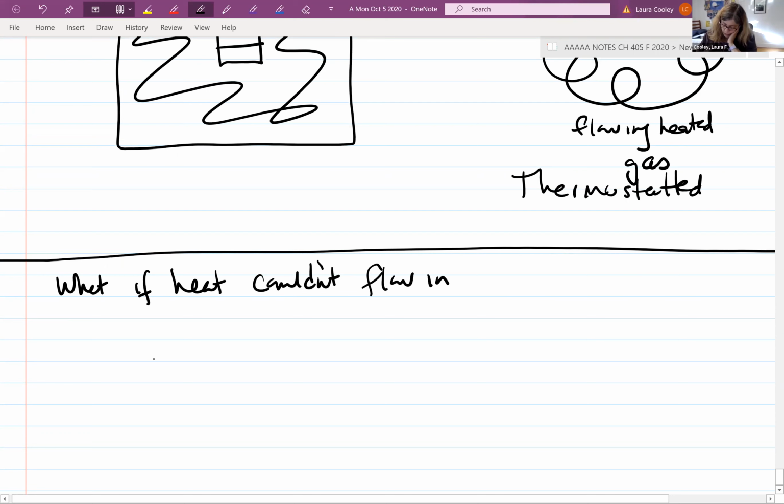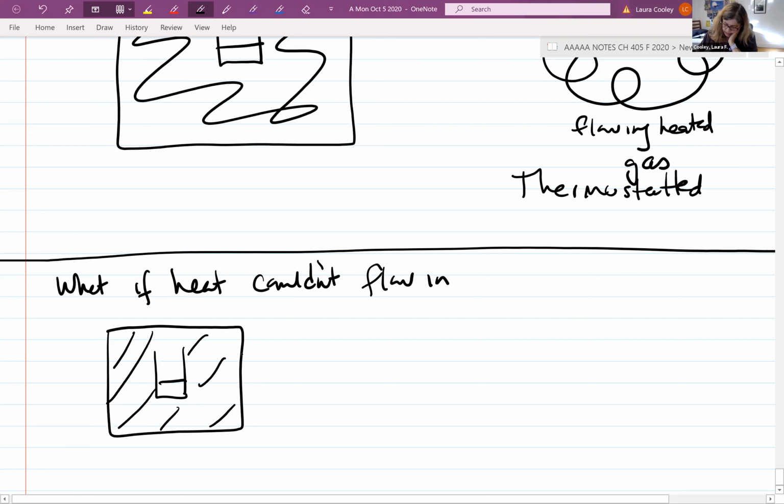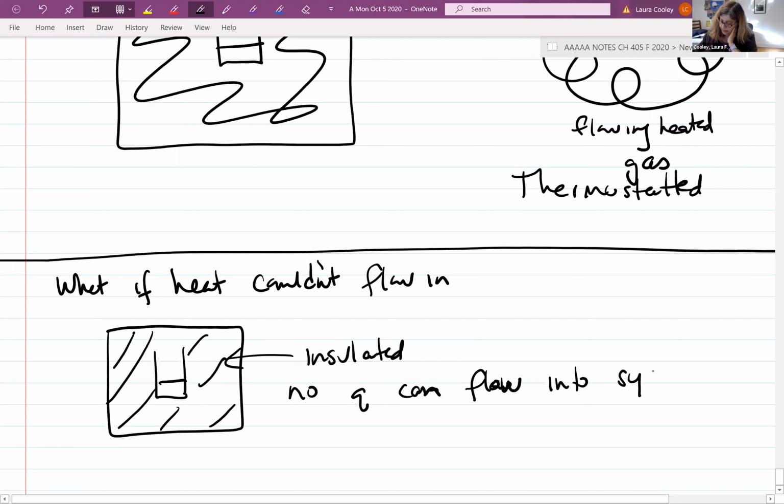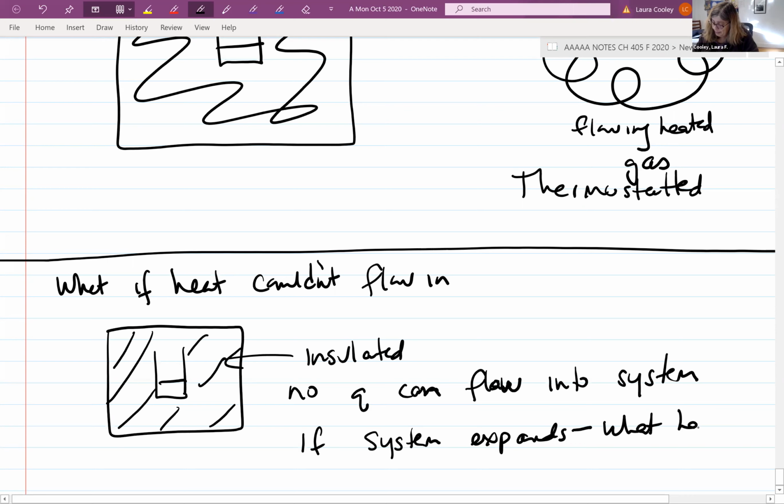In other words, what if you had your system somehow insulated, so no heat can flow? If the system expands in that case, what's going to happen?